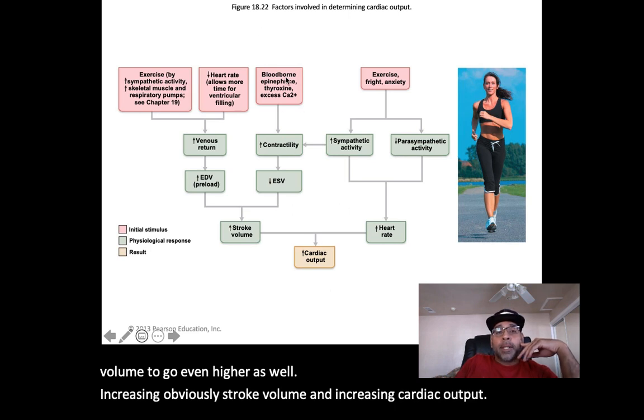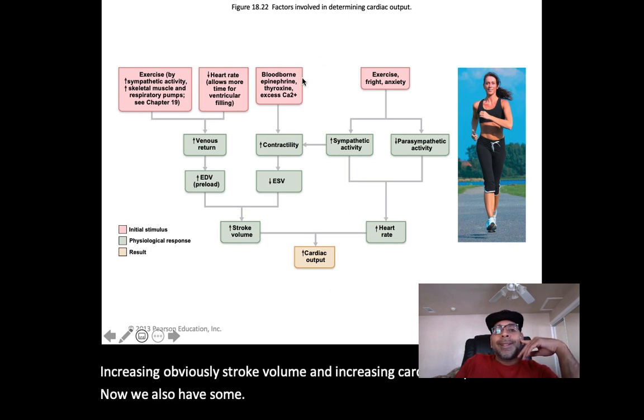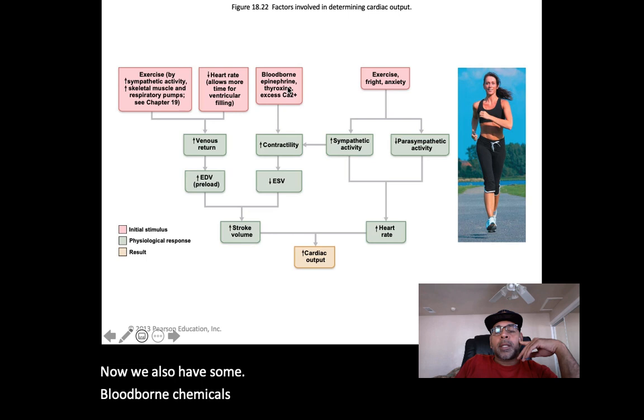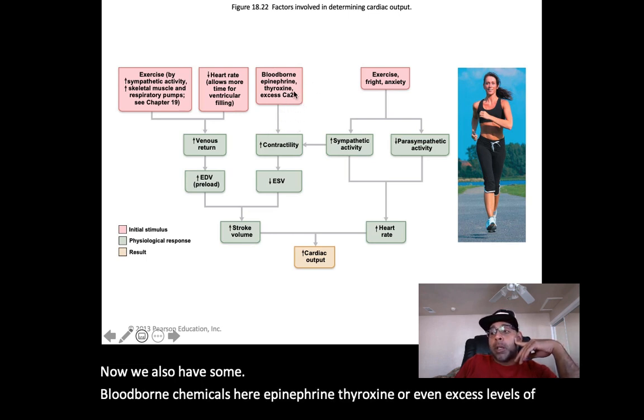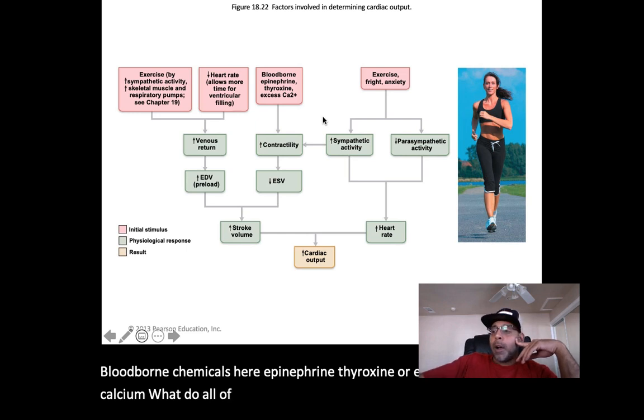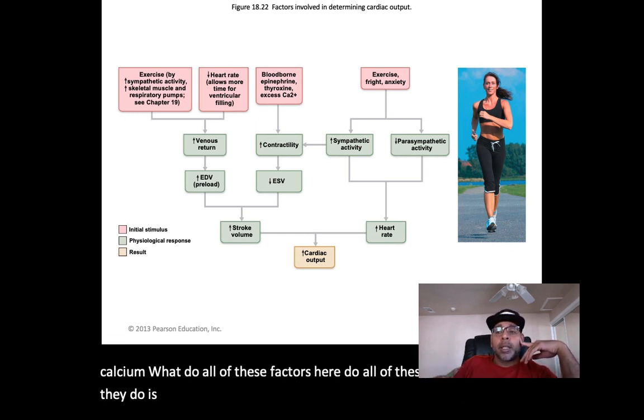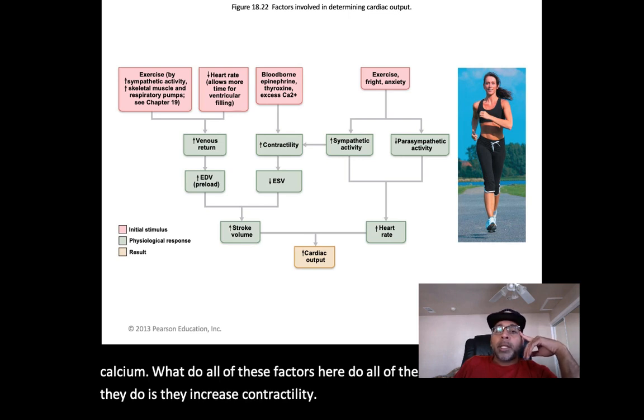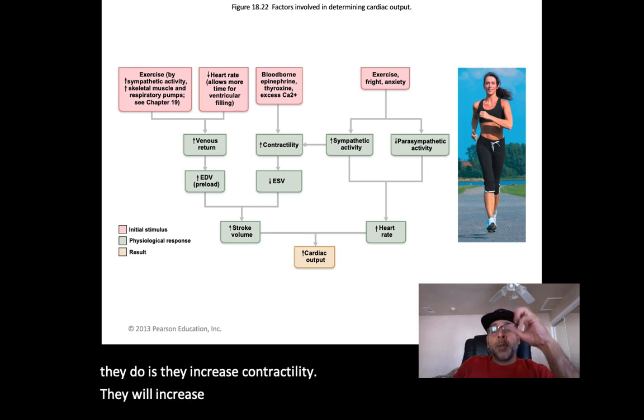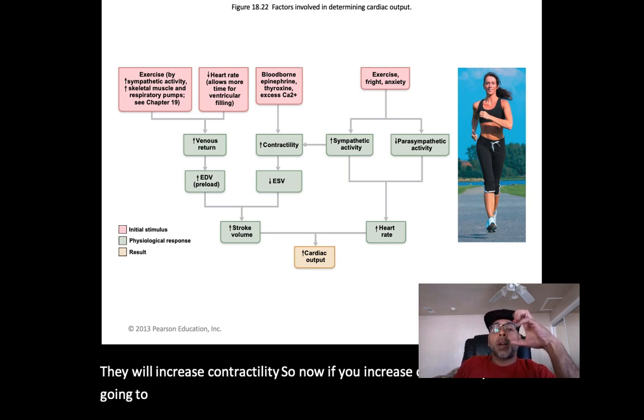Now, we also have some blood-borne chemicals here: epinephrine, thyroxine, or even excess levels of calcium. What do all of these factors do? They will increase contractility. So now if you increase contractility, this is going to decrease end systolic volume.